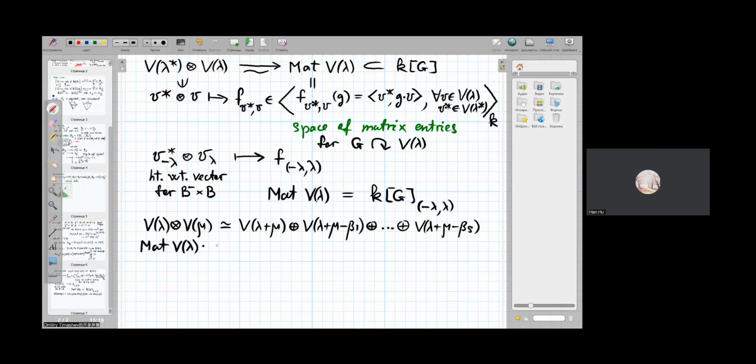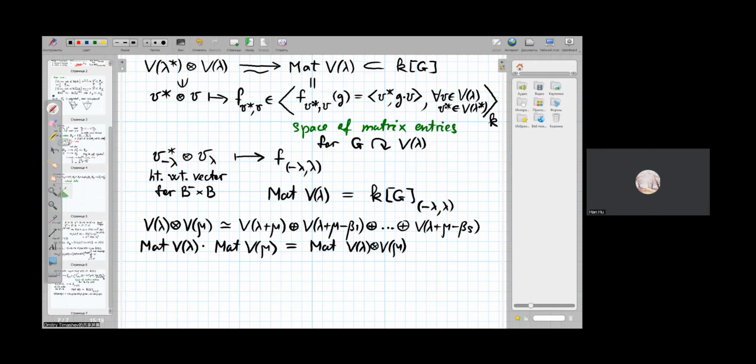Matrix entries of V of lambda times matrix entries of V of mu. This product space is the same as the space of matrix entries in the tensor product of two representations, V of lambda tensor V of mu.